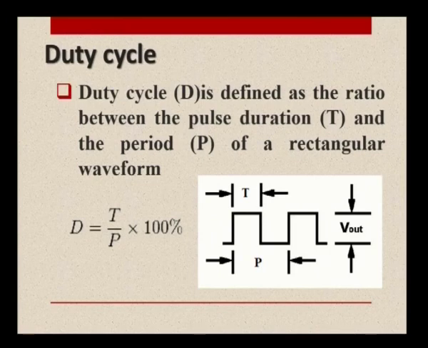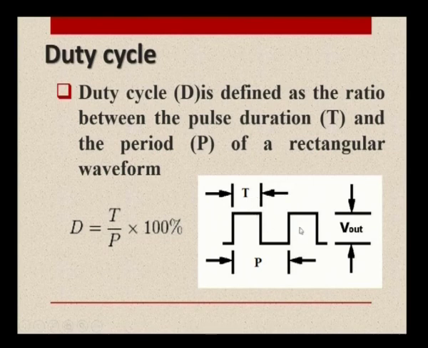So, the time period could easily be identified in the wave represented as a picture here. So, let us go back to the picture again. See here, this is the period, it includes one higher level and one lower level duration. And for what duration the pulse is at the maximum level or higher level, that is represented as t.